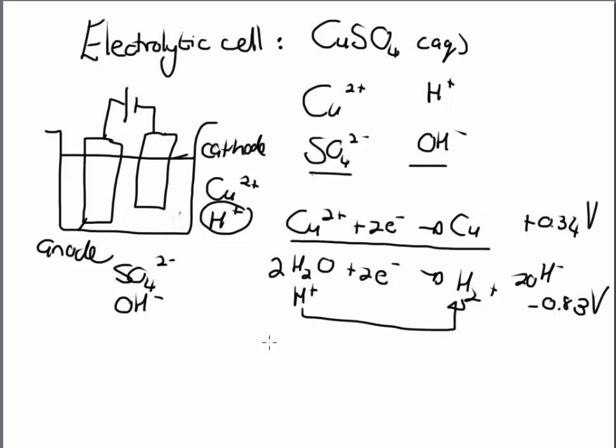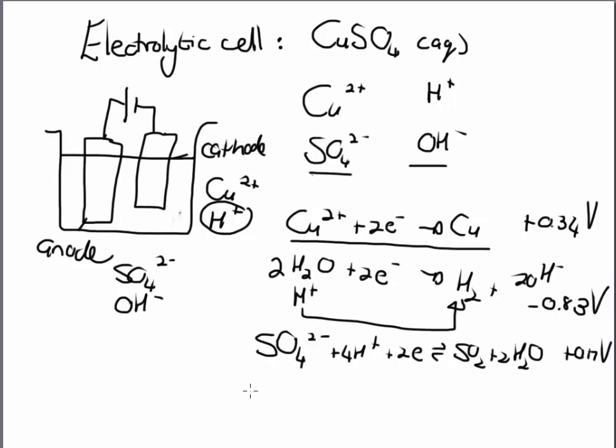When we have a look at our half reactions for the sulfate, SO4 2- plus 4H+ plus 2 electrons will form SO2 plus 2H2O. It has a cell potential value of plus 0.17 volt. And then if we look at our other half reaction here, we have O2 plus 4H+ plus 4 electrons forming 2H2O.